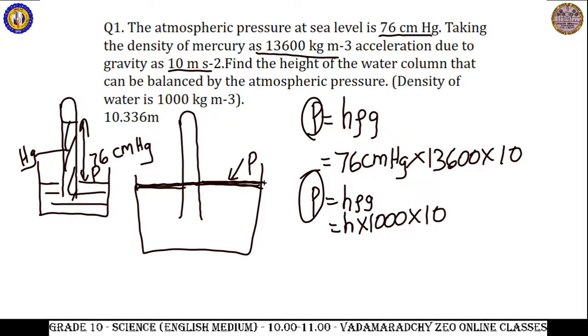When we look at this point, no atmospheric pressure is applied, only the hydrostatic pressure due to the column of water. We have already studied that the pressure exerted by the liquid is H rho g. So atmospheric pressure P is equal to H rho g.